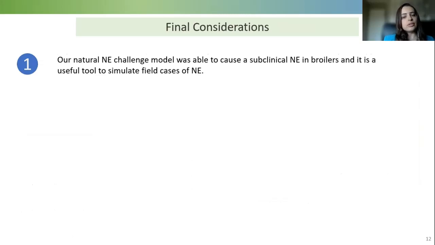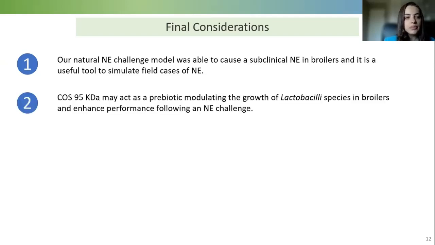So as a final consideration, although we are still adapting our challenge model, we can say that this natural approach was able to cause a subclinical necrotic enteritis in broilers, and it might be a useful tool to simulate field cases of necrotic enteritis, and also to be used in experiments where you want to evaluate AGP replacements.